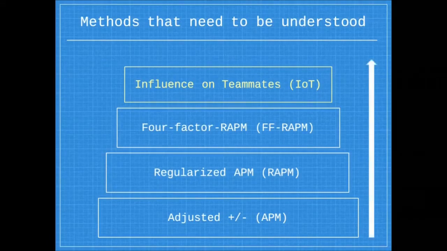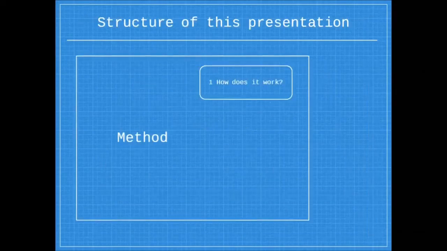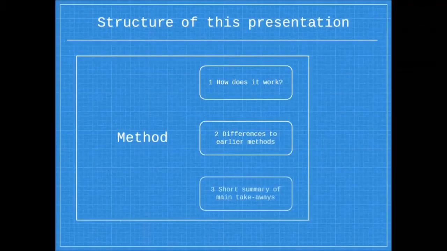I'm going to go from the bottom up and explain adjusted plus minus first. The structure of this presentation is that for every one of those methods, I'm going to explain how it works, what the difference is to earlier methods, and give you a short summary of the main takeaways for each. And at the end, I'm going to give you a couple of results for the influence on teammates.